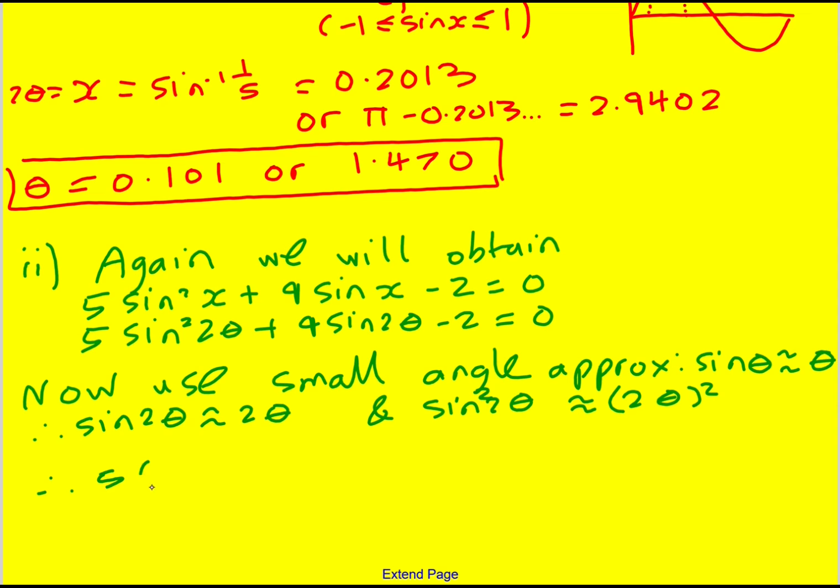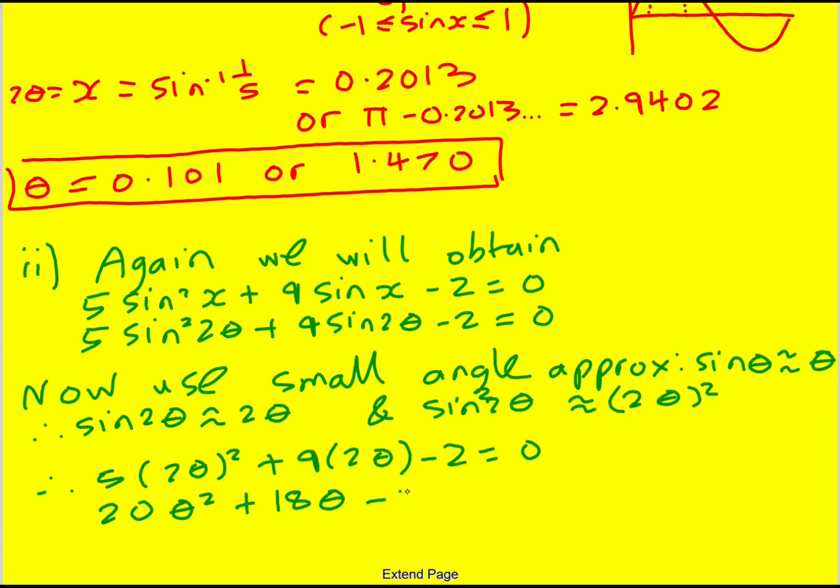So therefore 5 times 2 theta all squared plus 9 times 2 theta minus 2 equals 0. And this time we've got ourselves a quadratic to solve. We'll get 20 theta squared plus 18 theta minus 2 equals 0. I can divide through by 2.